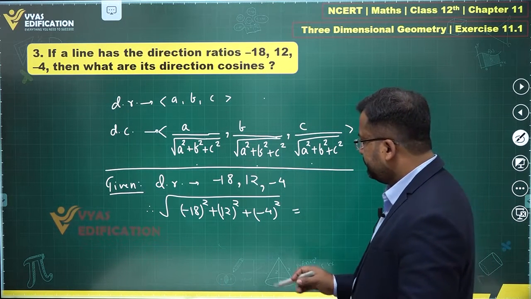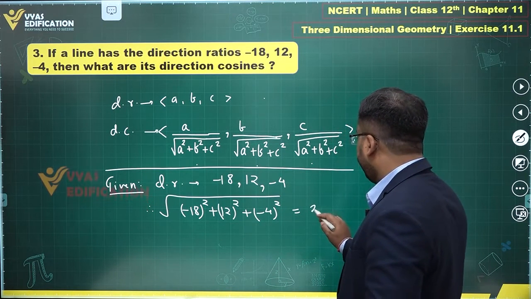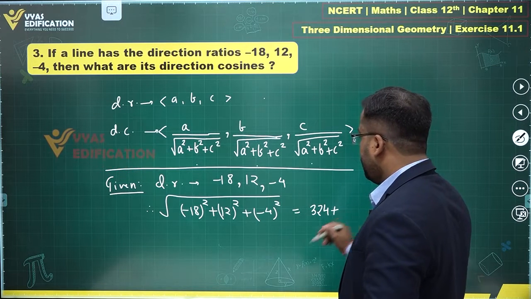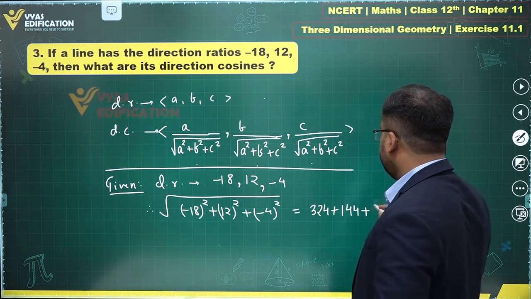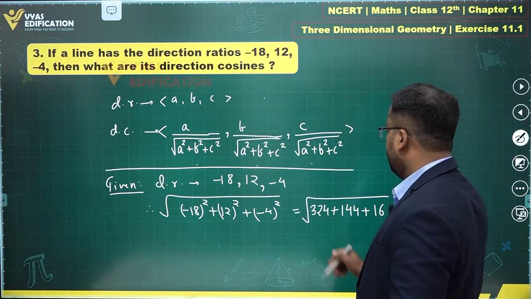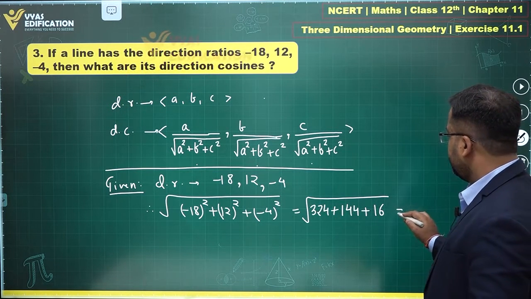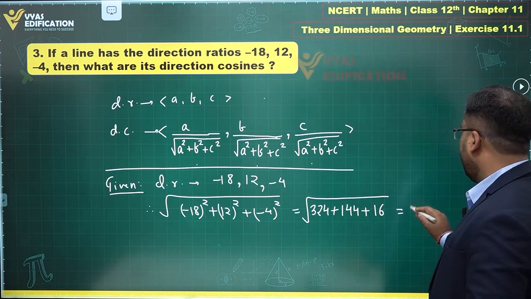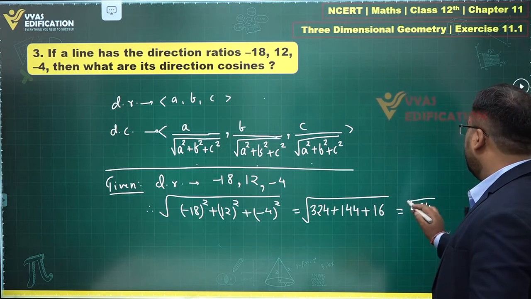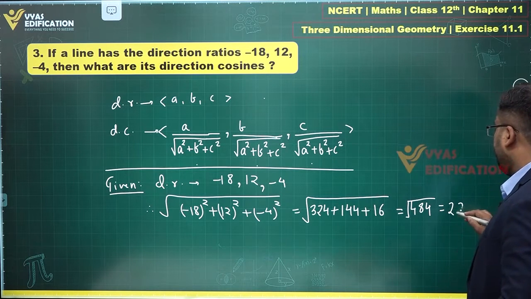This is 324, this is 144 and this here is 16 in the under root. Where does that take me? This is equal to under root 484, which is equal to 22.